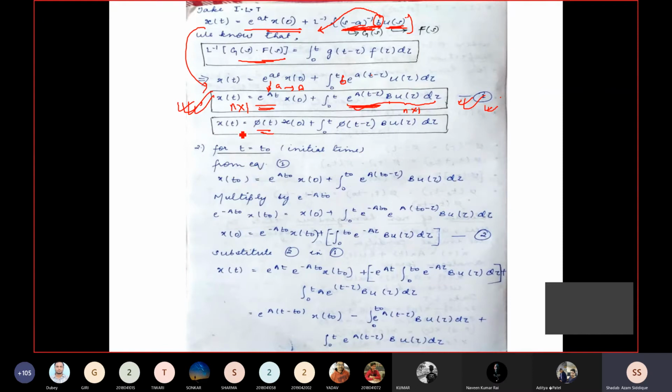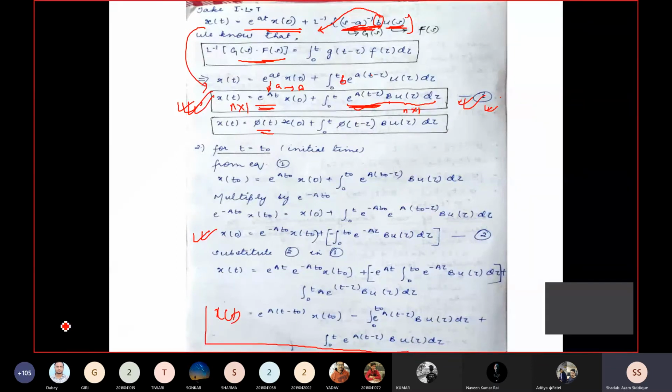So x of t naught, if you substitute t equal to t naught into the equation, will give you e to the power A t naught x of 0 plus the integral from 0 to t naught of e to the power A(t naught minus tau) B u of tau d tau. Multiply e to the power minus A t naught on both sides, and you will get x of 0 as this equation. Substitute x of 0 in this equation and try to solve, and you will get x of t as this type of equation.